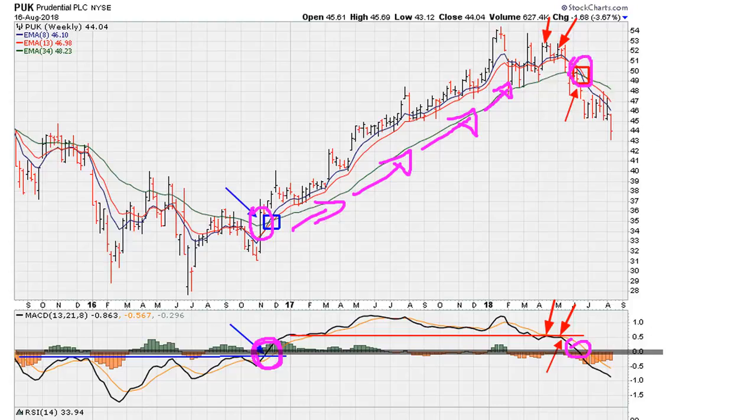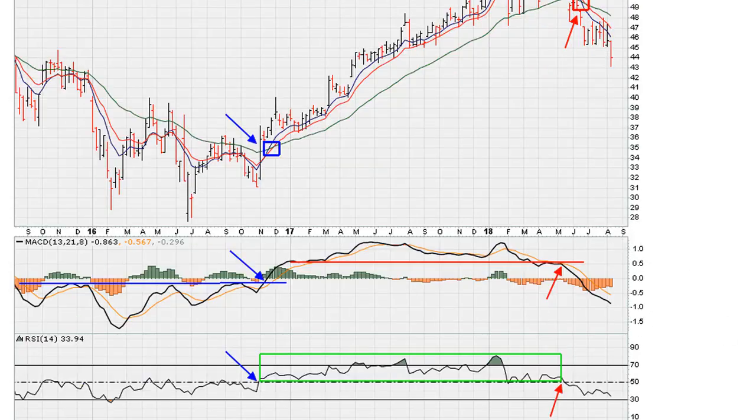So in a way, we can see that holding above the MACD zero line tends to favor a bullish uptrend, generally speaking. All right, let me stop right there.